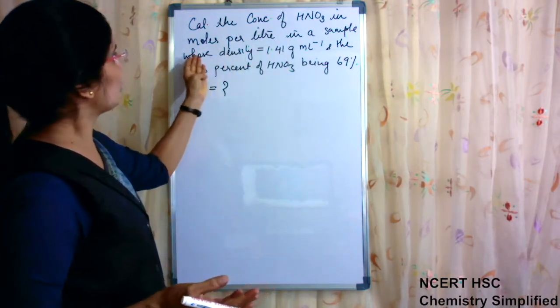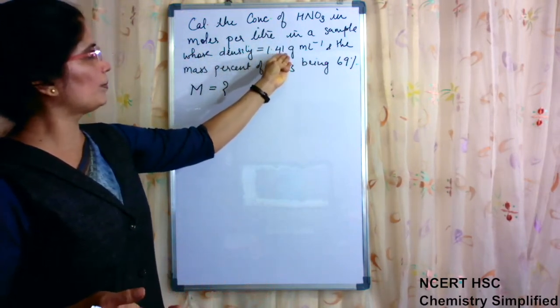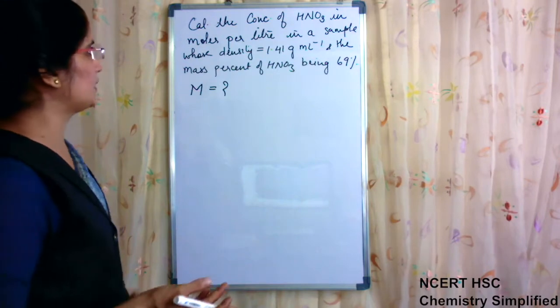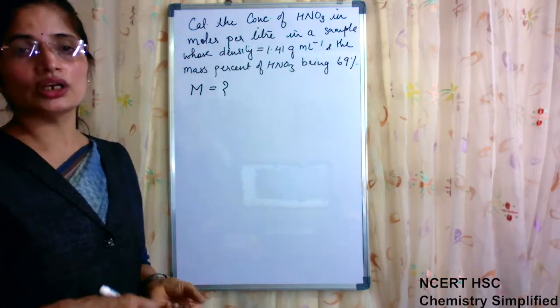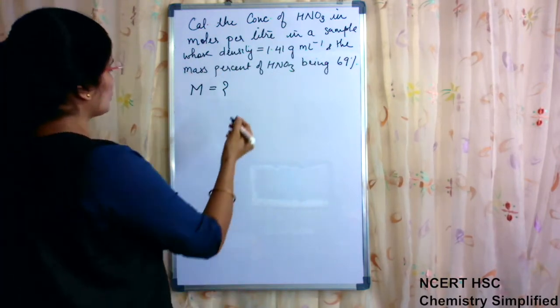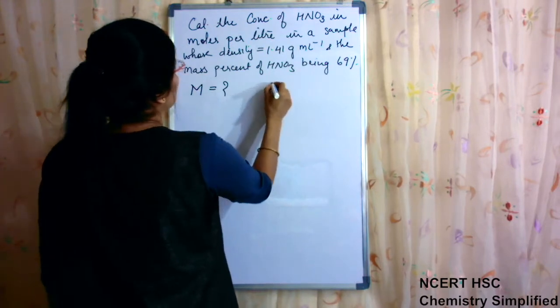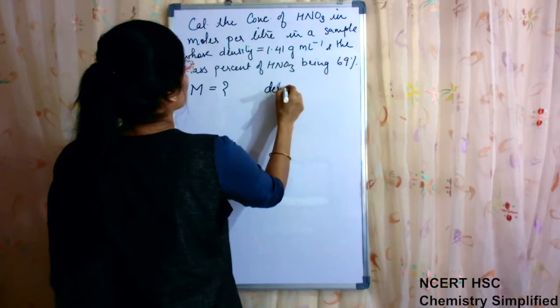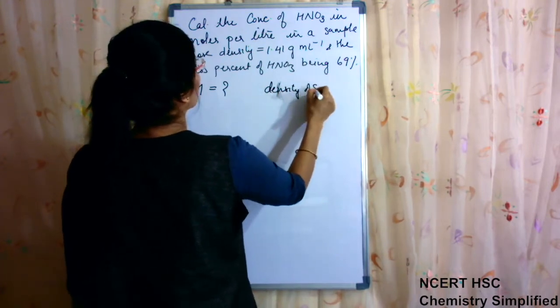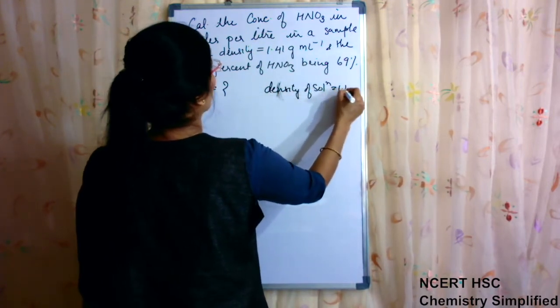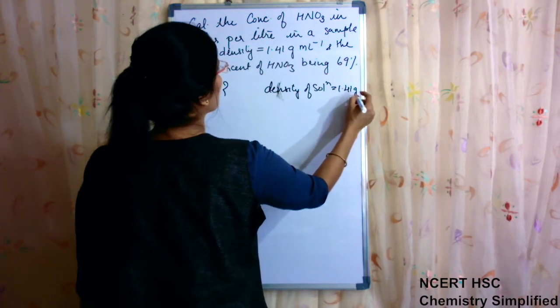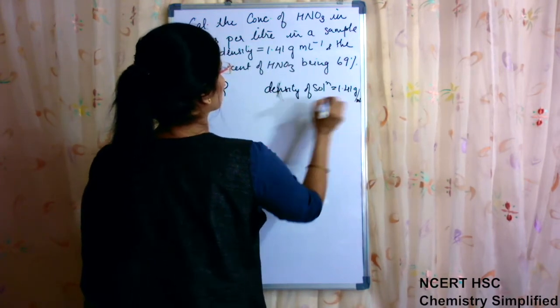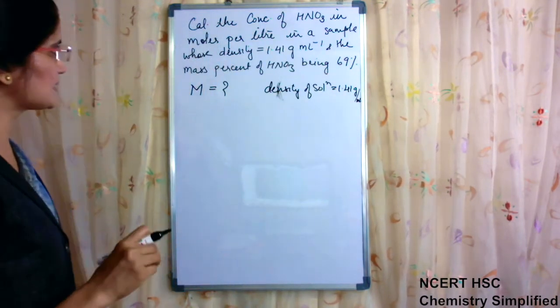In a sample whose density is 1.41 grams per ml. In a sample means they are talking about the complete solution. So the density of solution is 1.41 grams per ml.